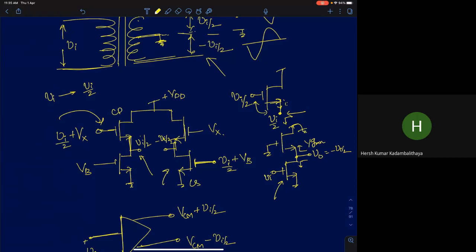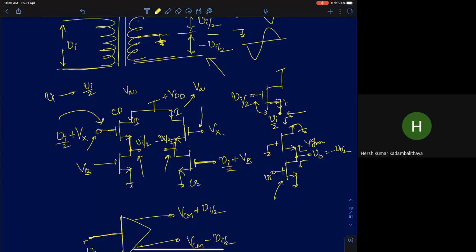Now, what will be the DC levels for these two amplifiers? What is the DC level at this node and the DC level at this node? Is that Vx or something else? See, Vx is the gate voltage at this point. Let's assume I have biased these MOSFETs in such a way that each of them is carrying some bias current I with an overdrive voltage of VOV. So what will be this node voltage?